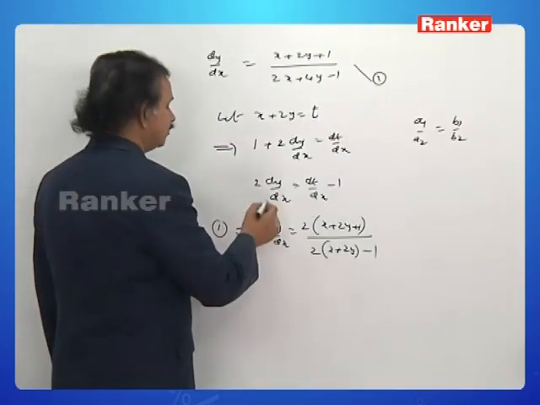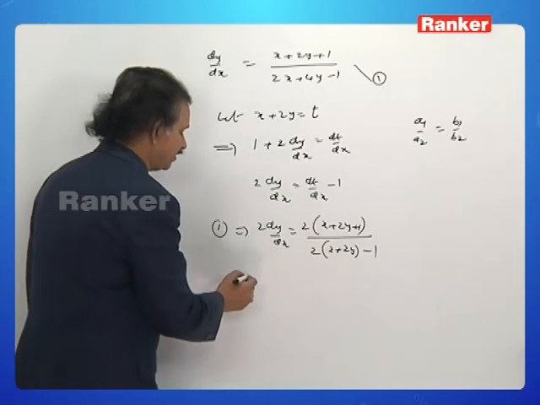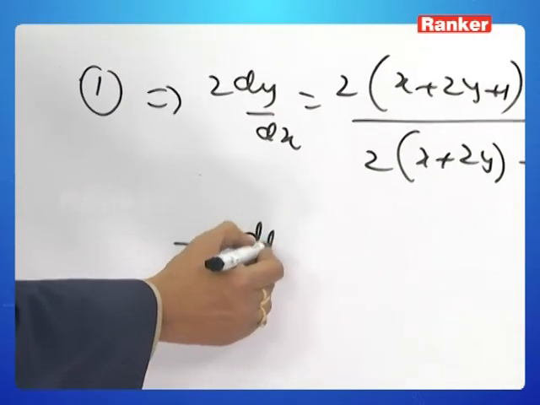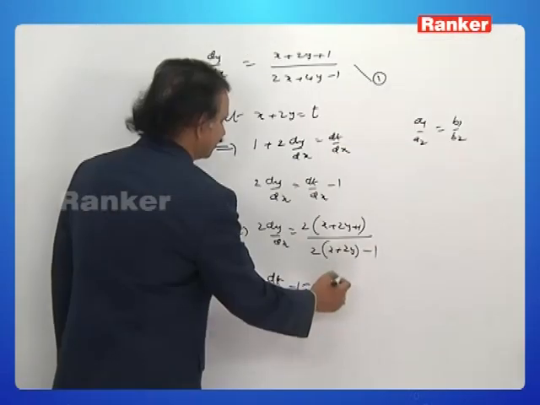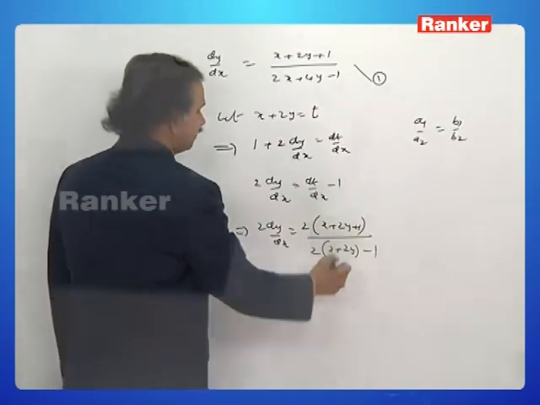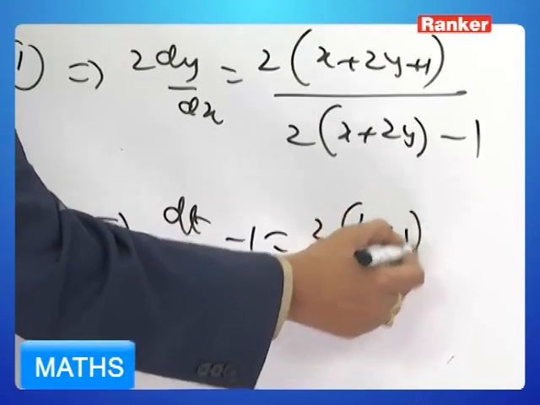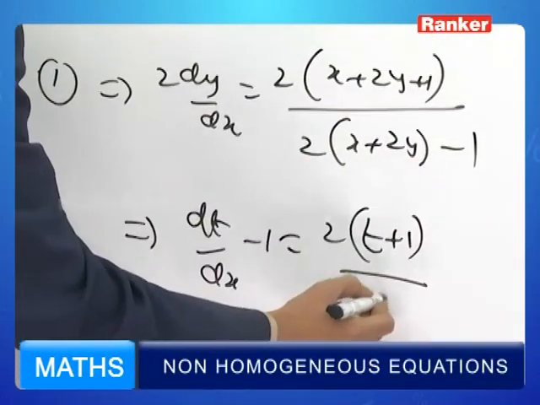But you see, 2 into dy by dx is nothing but dt by dx minus 1. dt by dx minus 1 is equal to 2 into (t plus 1) by (2t minus 1).